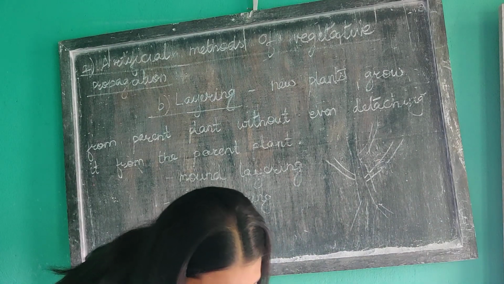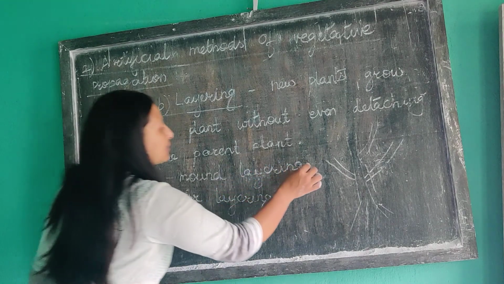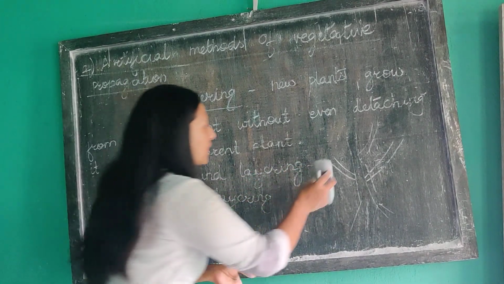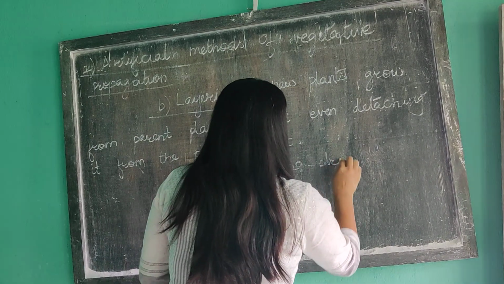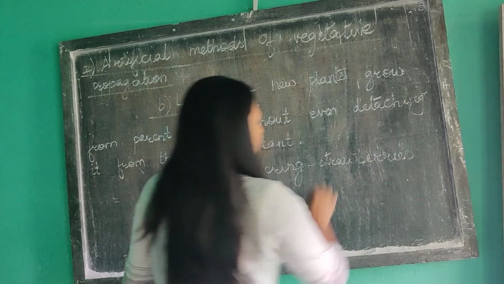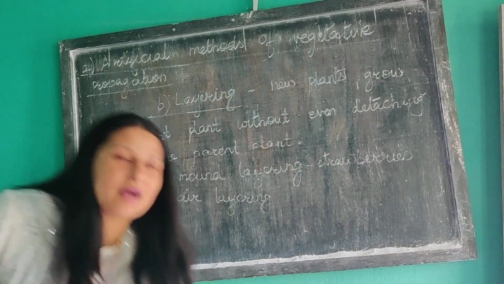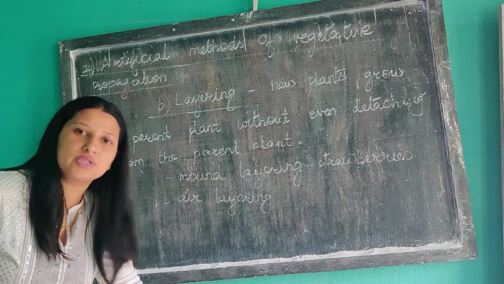Okay, so mound layering happens naturally, as in the case of strawberries. As I told you, strawberry, now what happens? In case of mound layering, when we do it artificially, we pull that branch down to the earth.